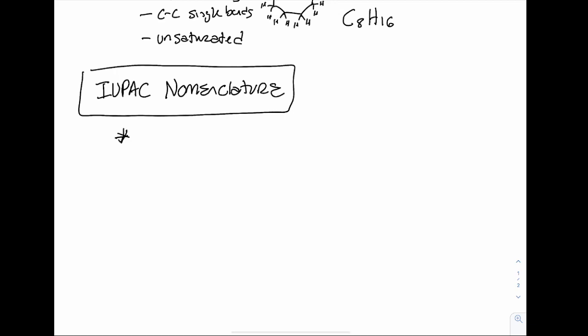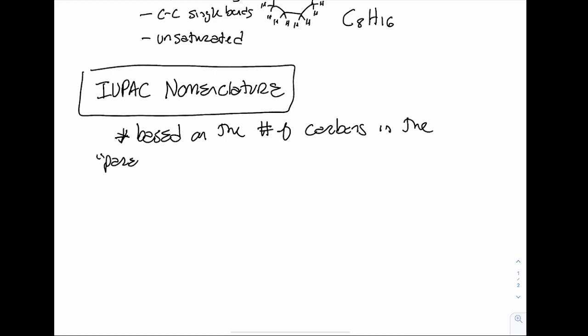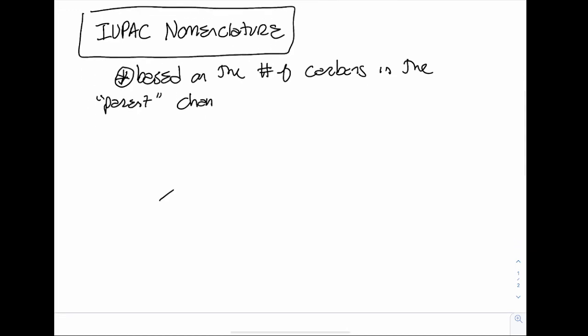And it is based on the number of carbons in our parent chain. And I know I haven't defined parent yet, but I will. So if something is just straight, if it doesn't have any branches, then that is our parent. So if I was to just do 5 carbons in a row, I have 5 carbons.